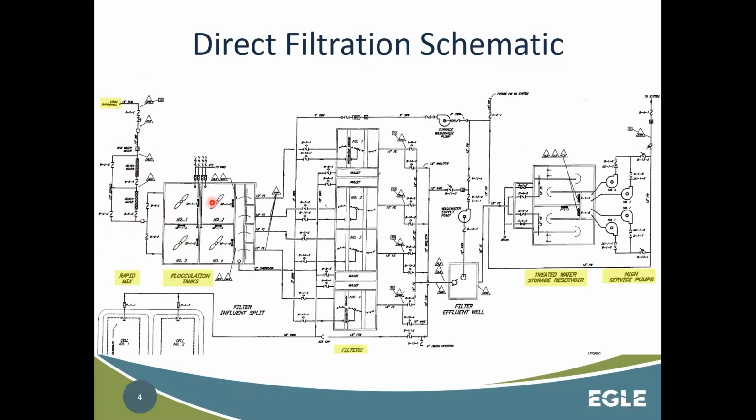So you're building up those floc particles, conditioning them for filtering. And then from there, notice there's no settling step. It goes right on to the filters. And then, like a conventional plant, there's also disinfection that's required. So usually there's some type of a reservoir where you get detention time with your chlorine disinfected water. So that's what it looks like.